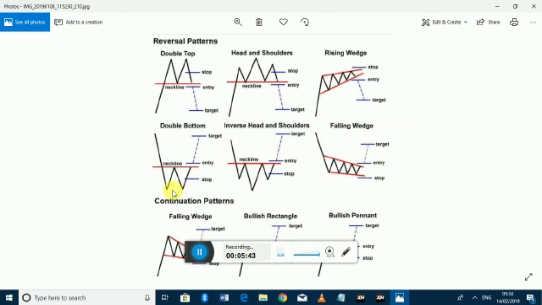So how do you trade a double bottom? We are going to go into how to correctly trade the double bottom. Sorry guys, our double bottom, we trade it like this.